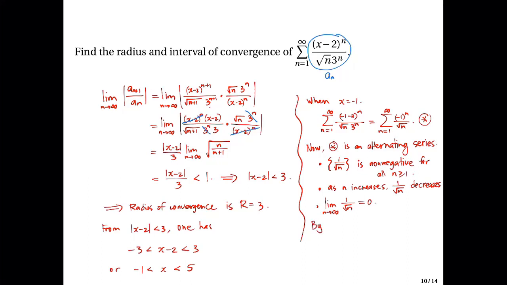Therefore, by the alternating series test, the series of negative 1 to the n over square root of n, 3 to the n, from n equals 1 to plus infinity is convergent. Okay?